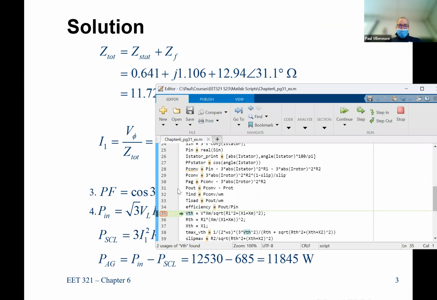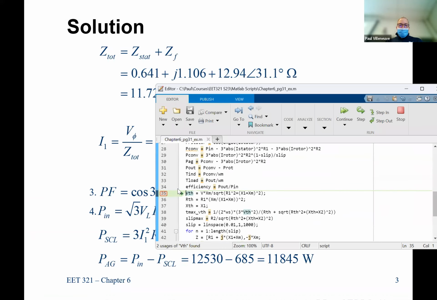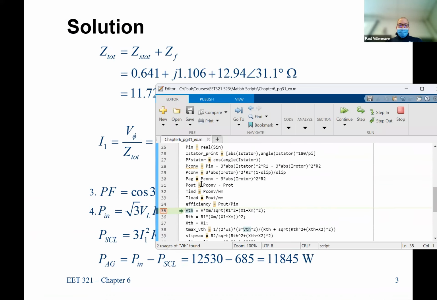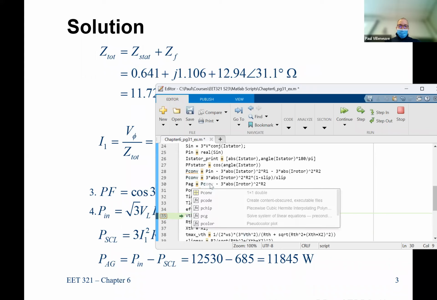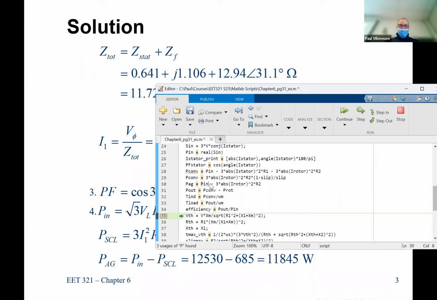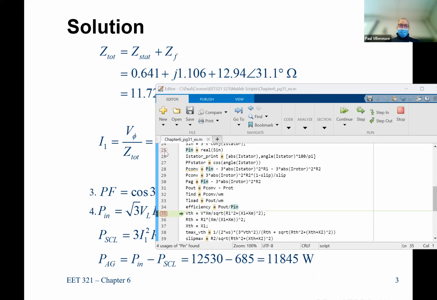Am I subtracting the wrong one? Oh, no. Yep, this is the wrong one. This is going to be P in minus P air gap. Yeah, because converted power is mechanical to electrical. So try that again.